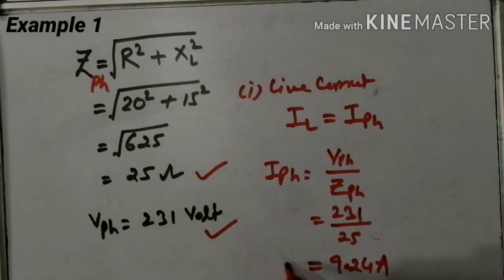That's why the line current is also equal to 9.24 ampere.